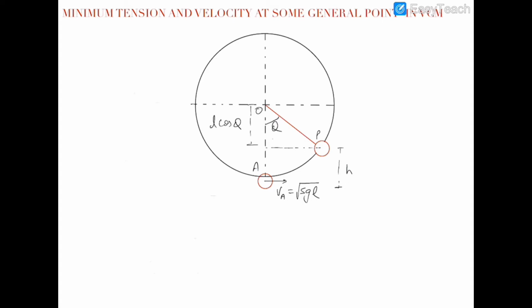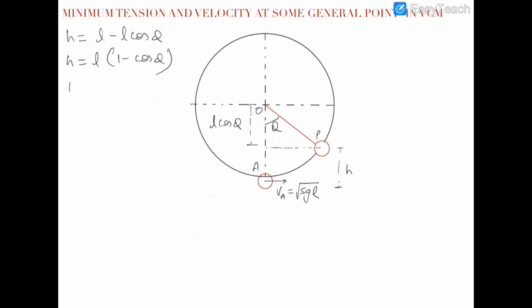Now h can be determined by the diagram which is shown. This length is L cos theta, therefore h will be equal to L minus L cos theta, and hence h will be equal to L(1 minus cos theta).